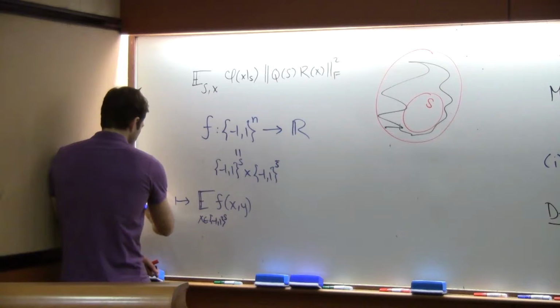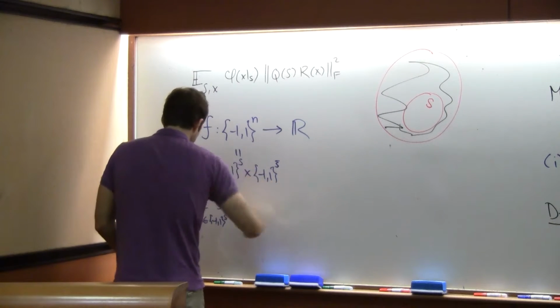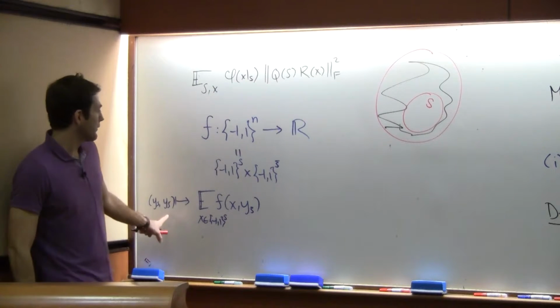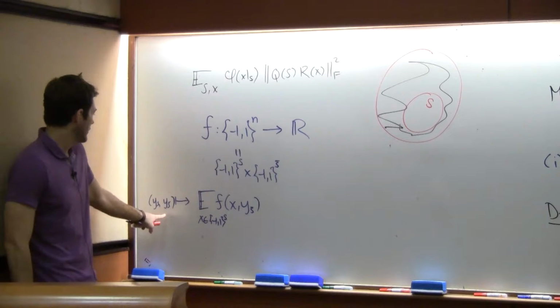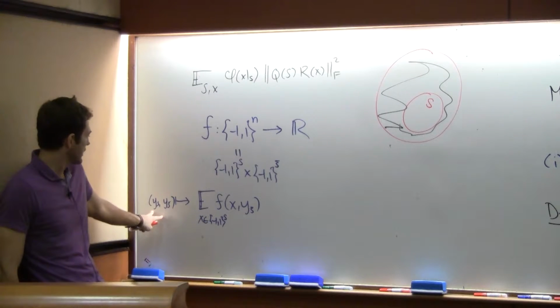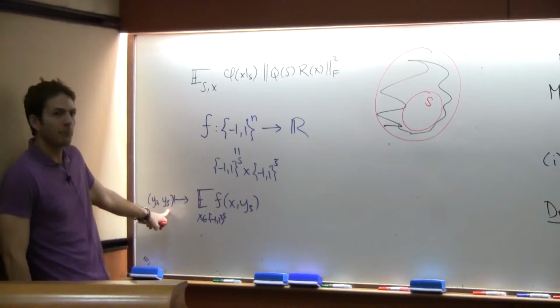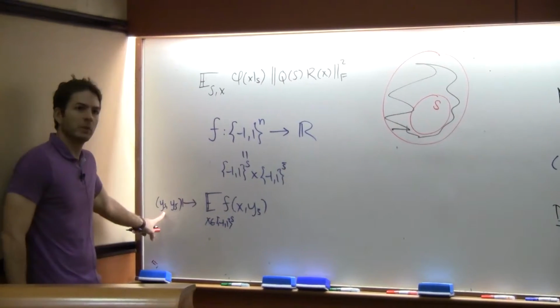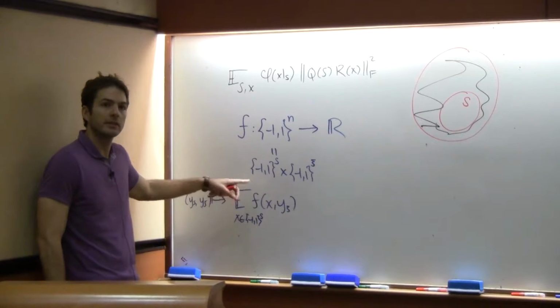Let's think about the function that maps y S bar. I know I'm standing in the way of what I'm writing, so hold on. Okay. So this is just a function on minus 1,1 to the n. I just split the input to the function into the bits in S and the bits in the complement of S. And now, of course, the function on the right-hand side doesn't depend on what's in S because I'm averaging over everything in S.